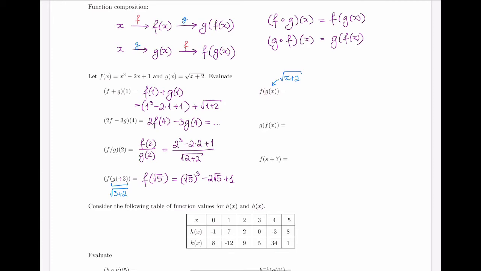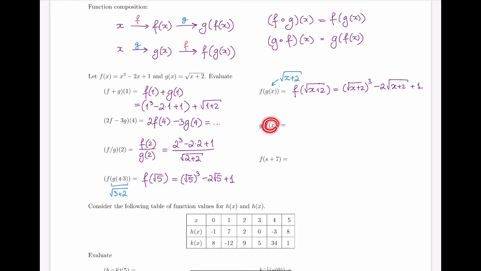So now I have to calculate f of square root of x plus 2, which means that I have to replace every occurrence of x in my function f with square root of x plus 2. So what I'm going to get is square root of x plus 2, cubed, minus 2 times square root of x plus 2, plus 1.